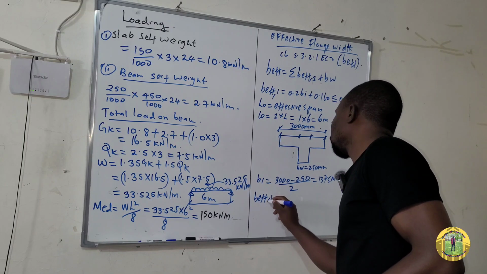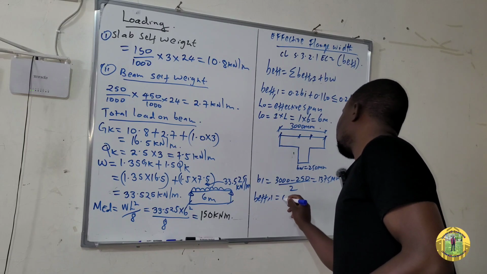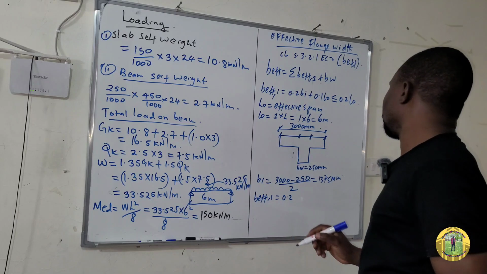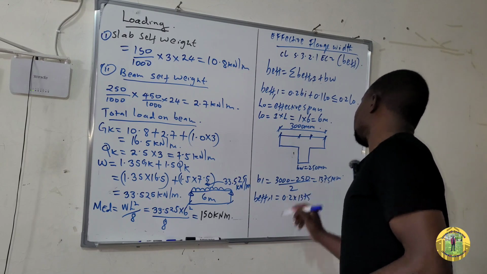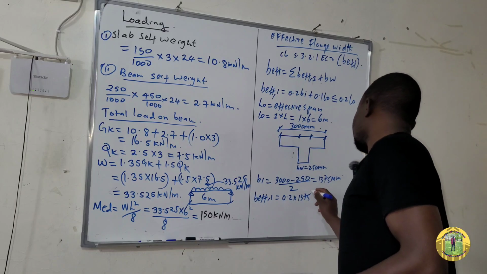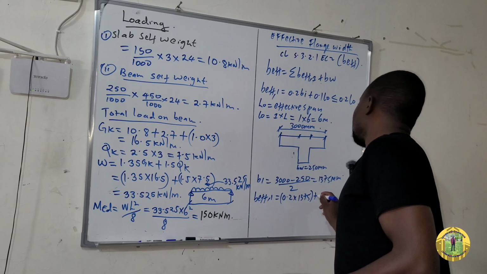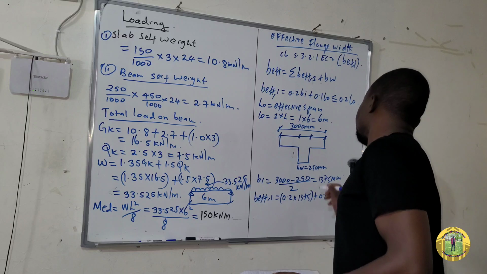So BEFF1 is equal to 0.2 multiplied by 1375 plus 0.1 times 6.